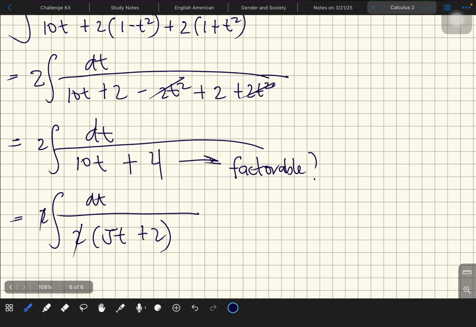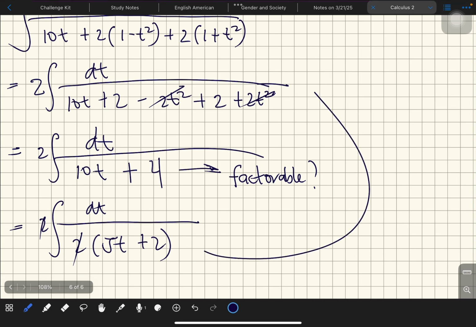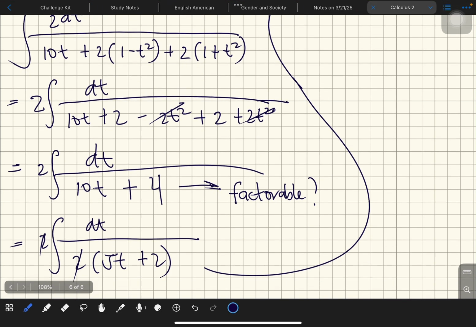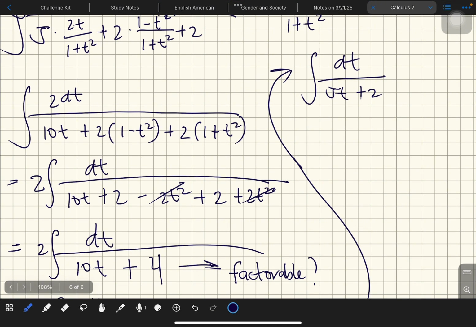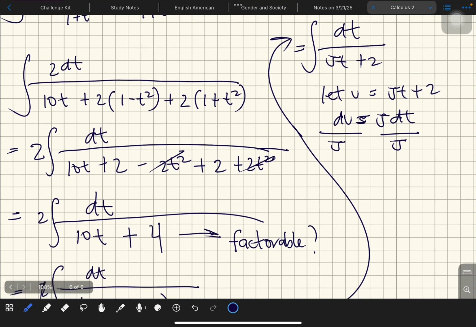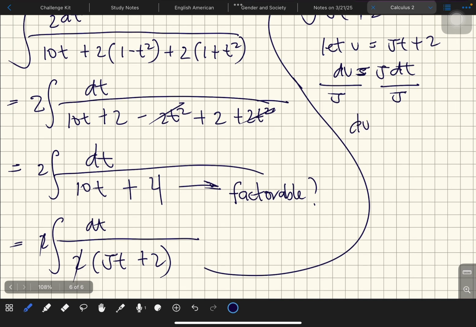The equation will become the integral of dt over 5t plus 2. Now we let u equal 5t plus 2. So our du is equal to 5 dt; divide by 5 to get rid of it. So du over 5 is equal to dt.